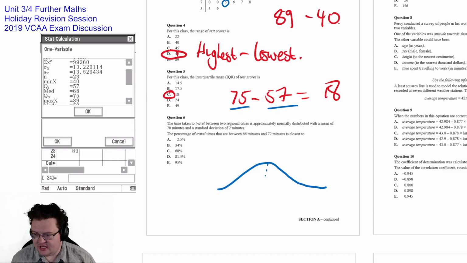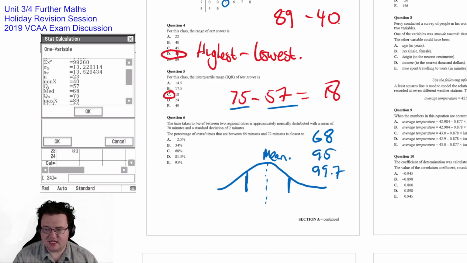If we have a mean here, if I go 1 standard deviation either side, how much is in there? All right, think right back to the start of the year. All right, thank you. So this is the 68, 95, 99.7 rule. So whenever we're dealing with standard deviation, those are the 3 numbers that you need to have in your mind straight away.